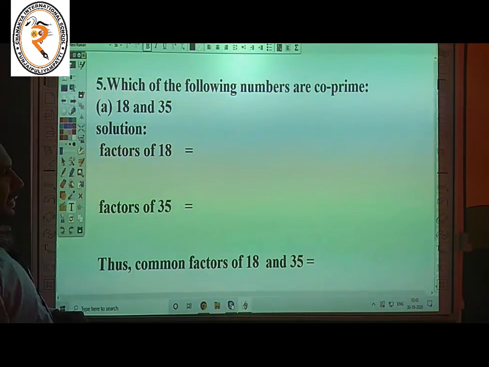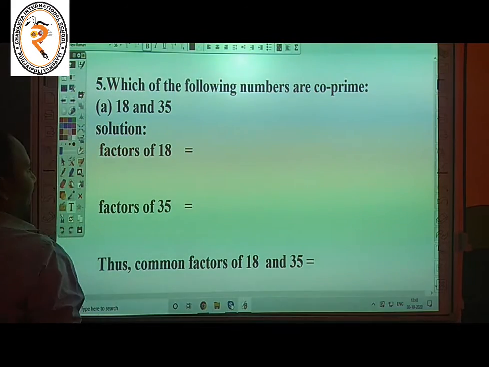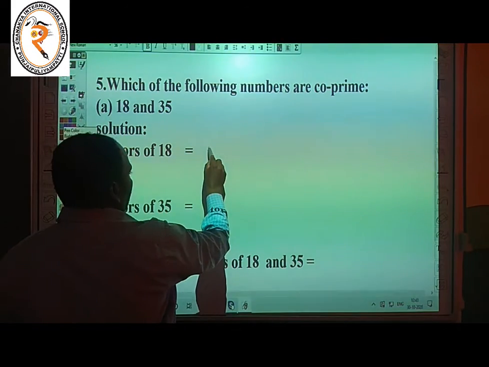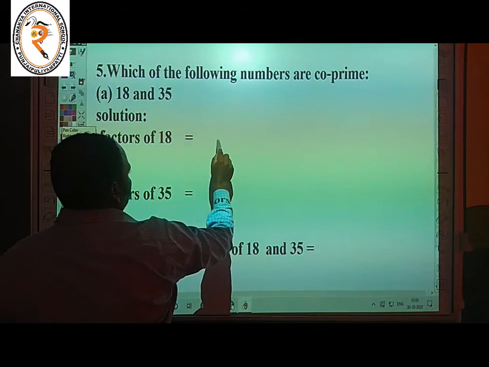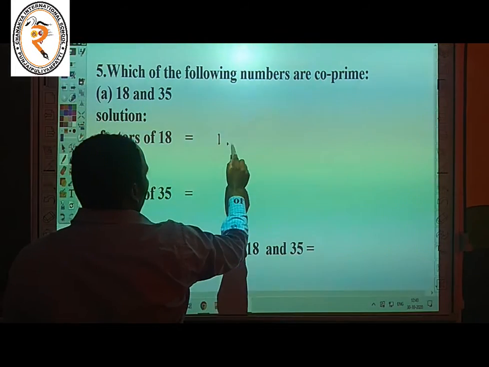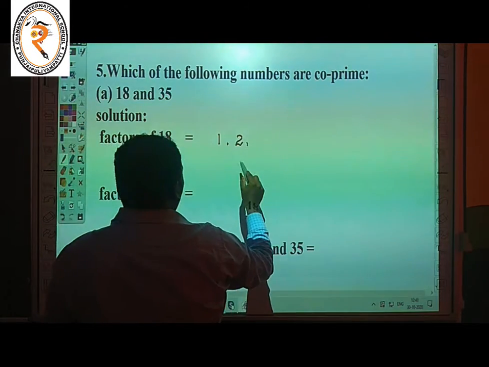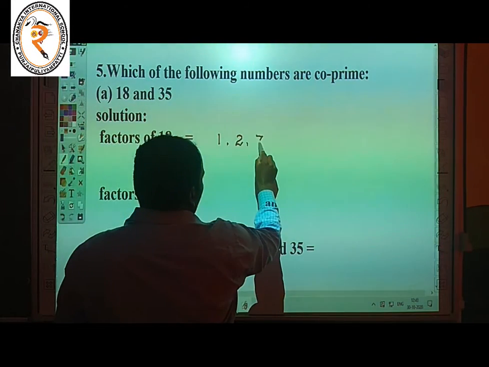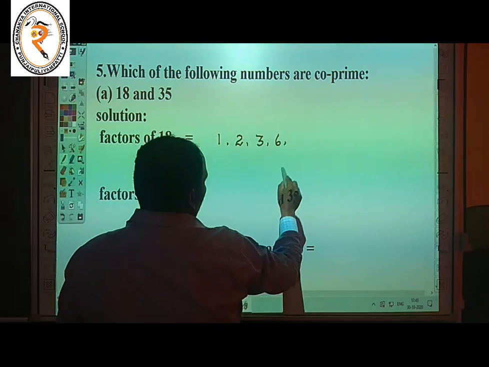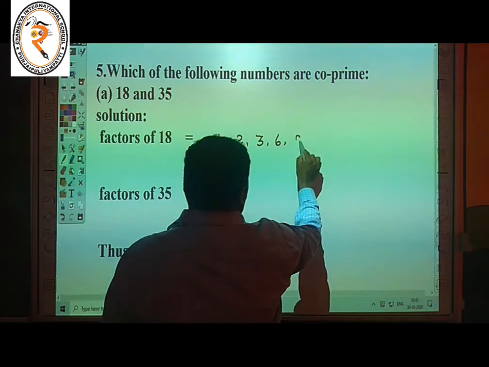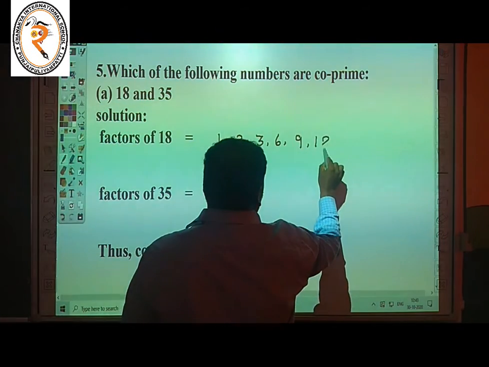Factors of 18. First we write the factors of 18: 1, 2, 3, 6, 9 and itself, 18.